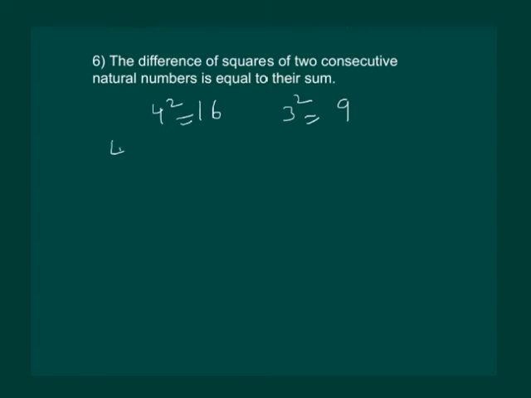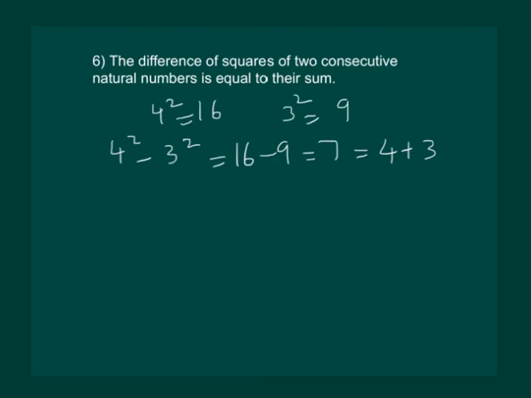Now 4 square minus 3 square will be equal to 16 minus 9, that is equal to 7, and which can be written as 4 plus 3, and hence we can say that difference of the squares of two consecutive numbers is equal to their sum, 4 plus 3.